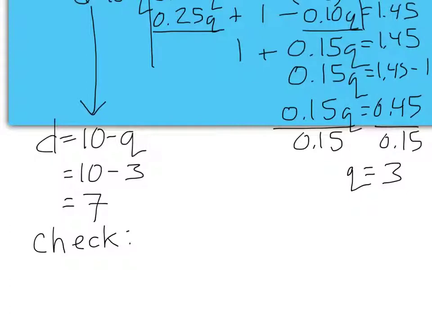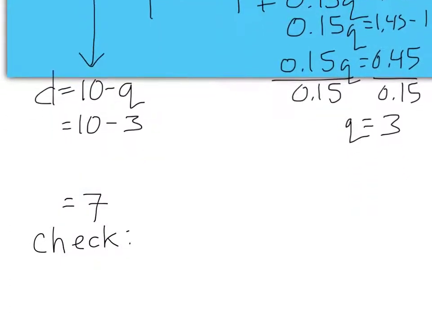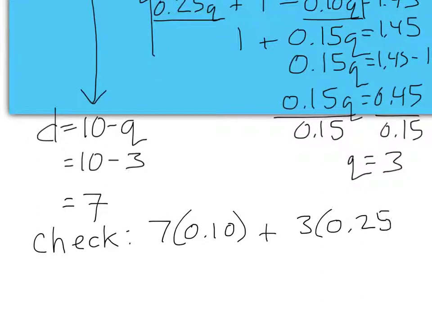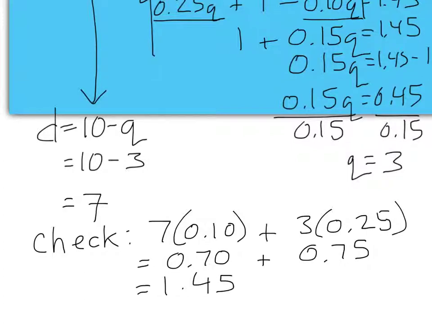So I'm going to do a check because I have some values for the number of dimes and the number of quarters. So if I did 7 times 0.10, 7 dimes, plus 3 times the value of a quarter, equals 7 times 0.1 equals 70 cents, plus 75 cents. 70 plus 75, so it's $1.40 plus 5 cents, $1.45.